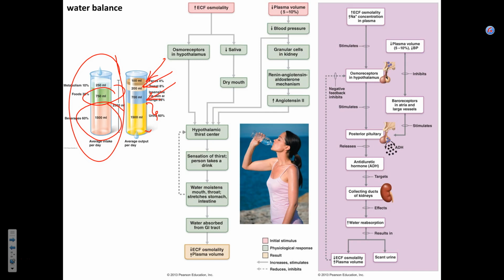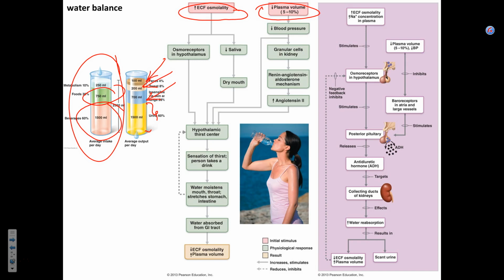Dehydration becomes a problem. So what happens when you are dehydrated? First and foremost, the volume of plasma goes down, and the osmolality of extracellular fluid goes up. These two consequences of dehydration, do they make sense to you? They do? Perfect. They should.